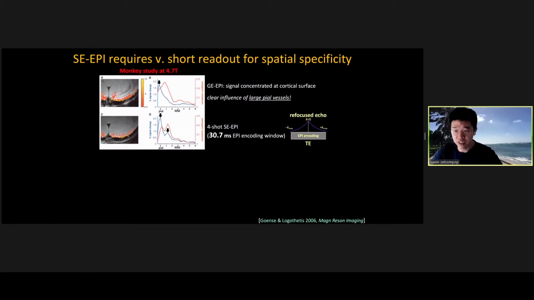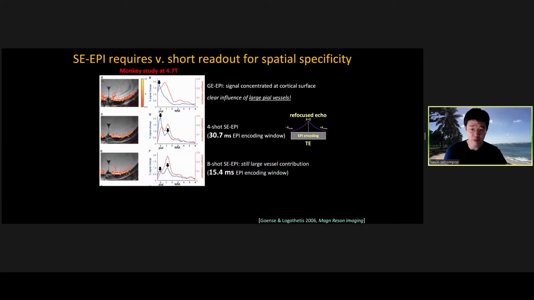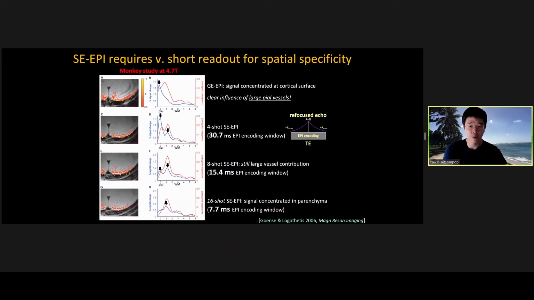Therefore, you have a lot of T2* weighting, particularly at high k-space frequency. Moving to 8-shot, things help a bit further. And then getting to 16-shot, you can get rid of most of this bias and get the nice signal concentrated in the parenchyma as expected from neuronal signal.